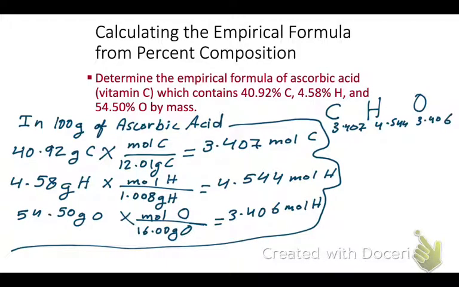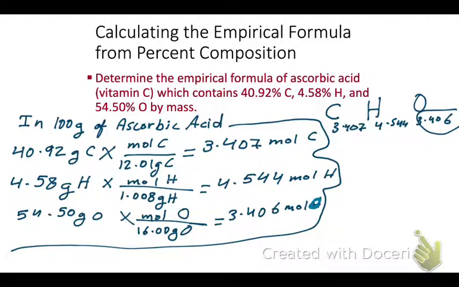Now you know that we never write formulas like that. We need these numbers to be whole numbers. So the way to do this mathematically is you take the smallest number and you divide everything by the smallest number, which happens to be the moles of, I'm sorry, I have to make a correction here. This is oxygen, sorry for that.